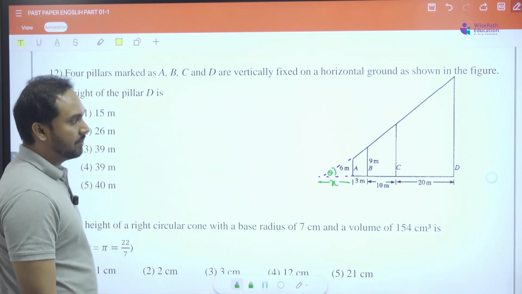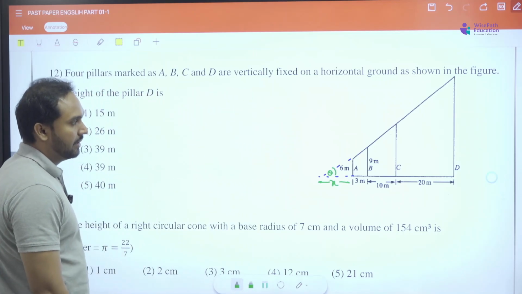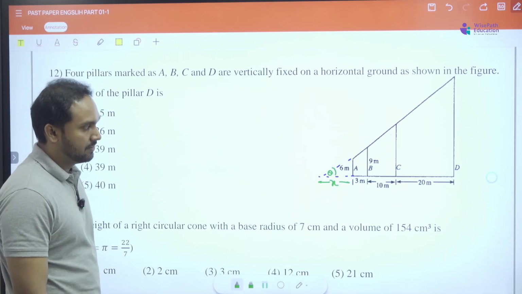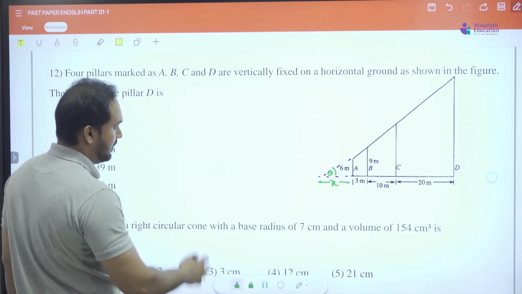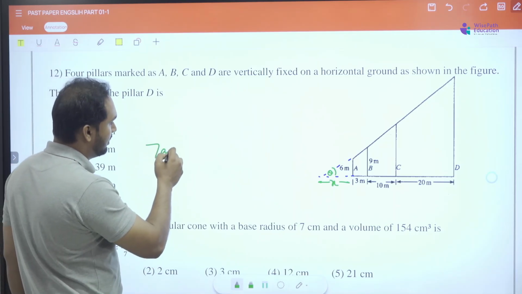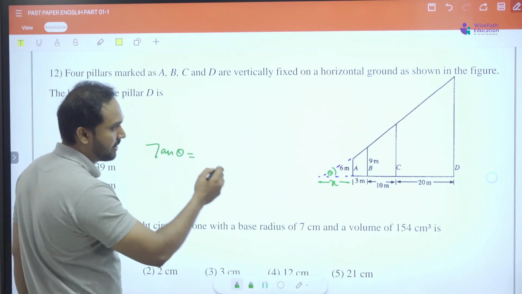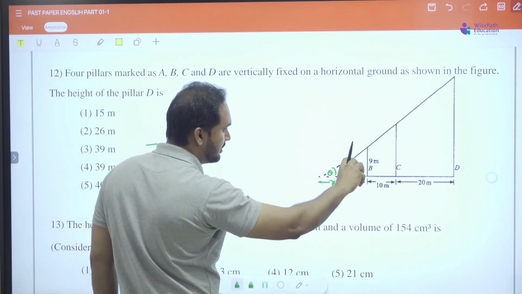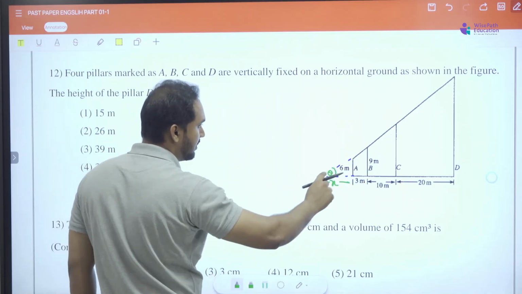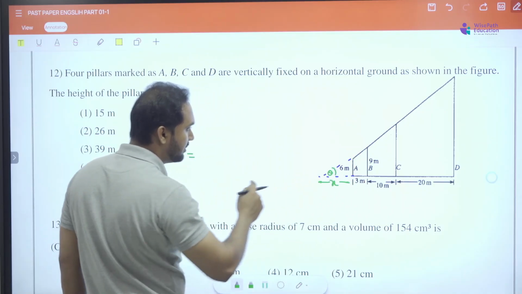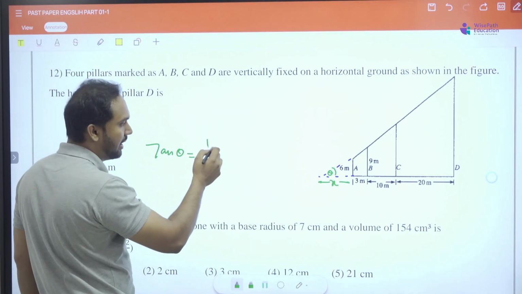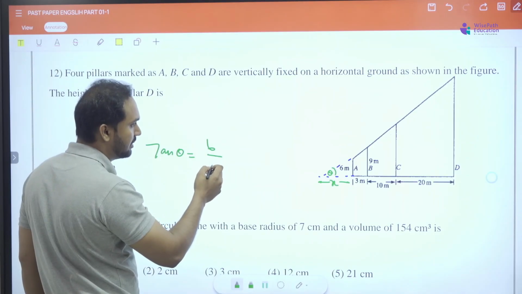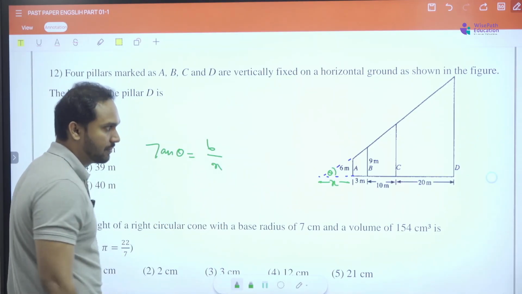I'm going to take a ratio for theta. I'll put tan theta for the first triangle here. This is 3, this is 6. We don't care about this part because you are putting it to this triangle. So that will be opposite over adjacent, 6 over x, right?